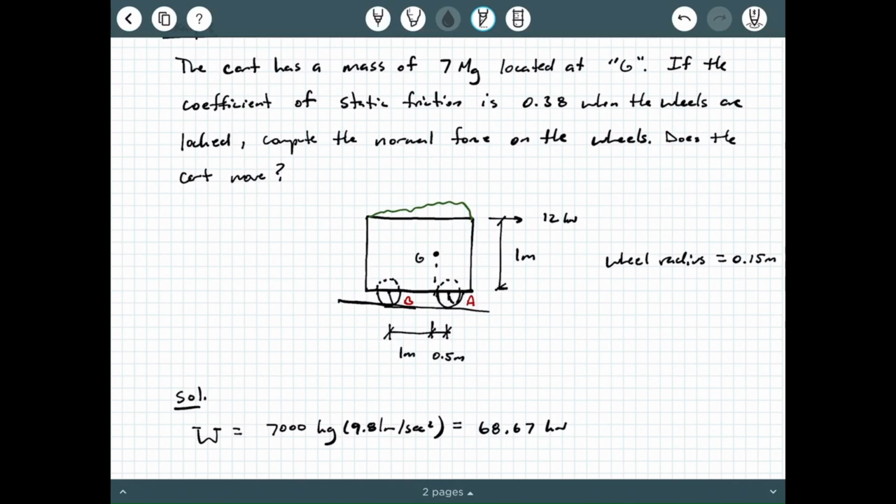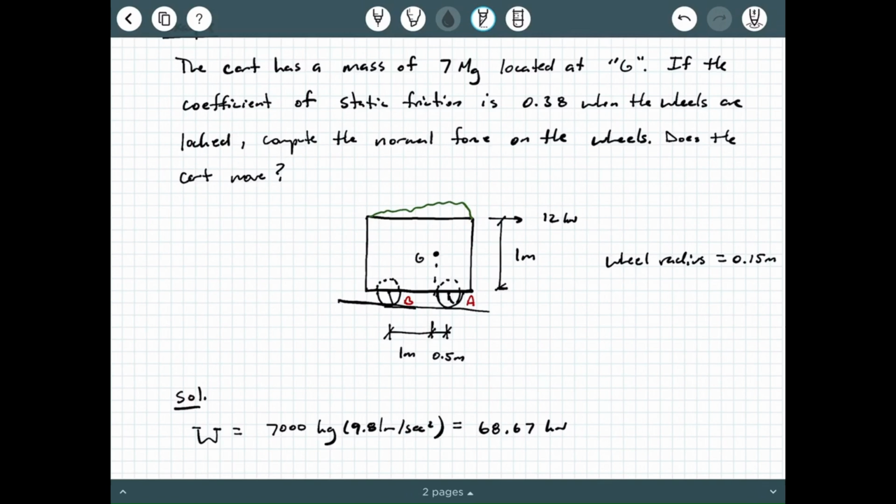So the first thing we're going to do is compute the weight of the cart. We take 7,000 kilograms, since 7 megagrams is 7,000 kilograms, multiplied by acceleration due to gravity, and we get 68,670 newtons. I went ahead and put that into kilonewtons as 68.67.